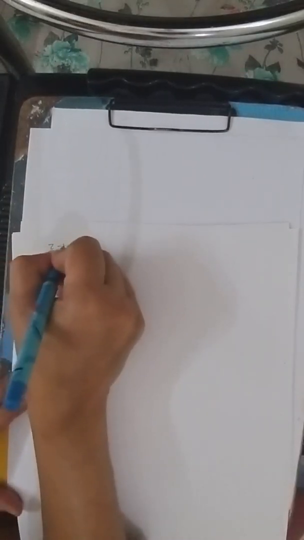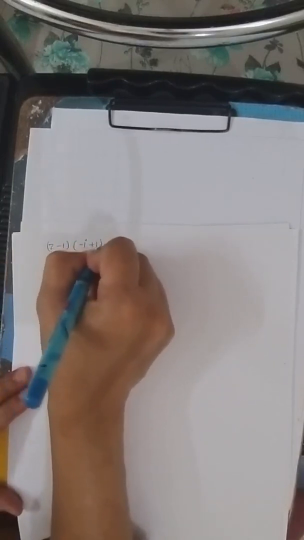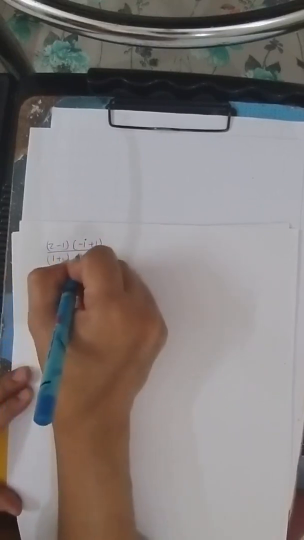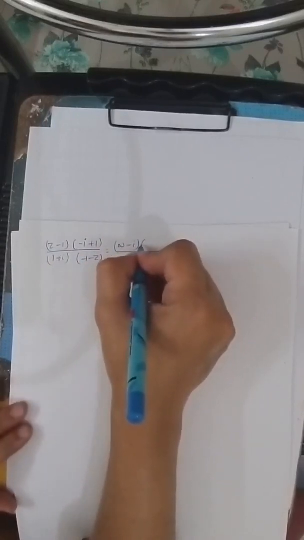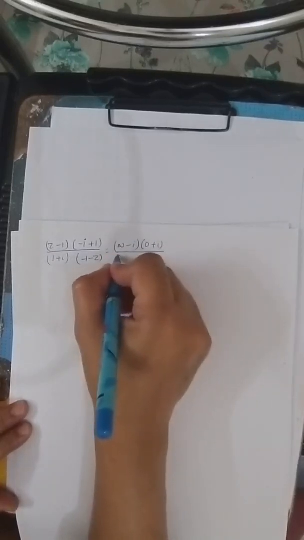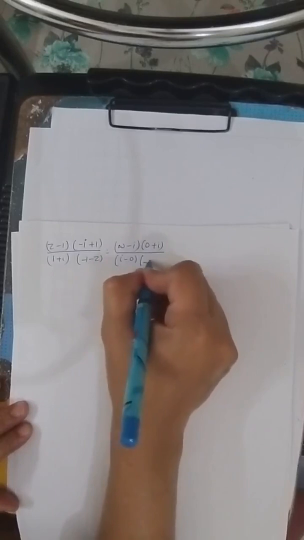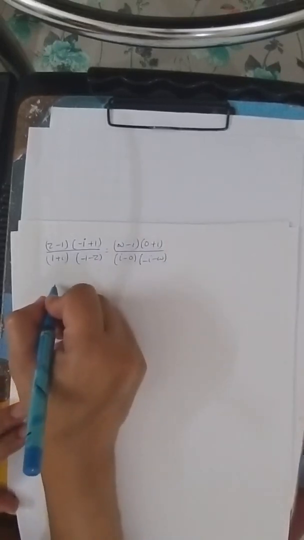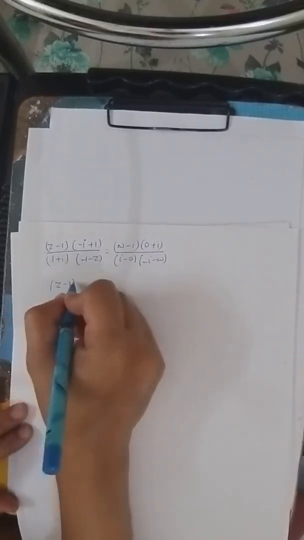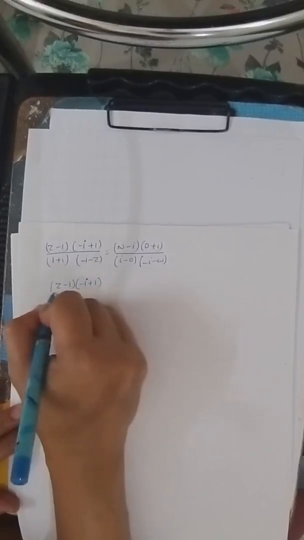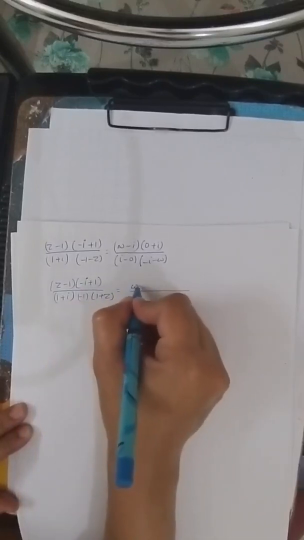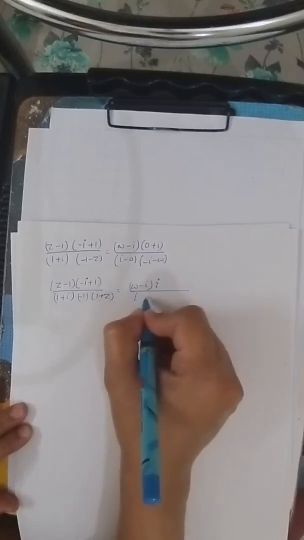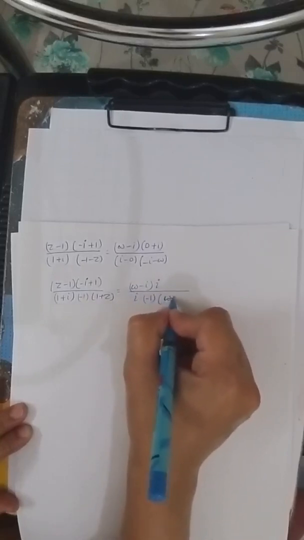Now I write it again: z minus 1 into minus iota plus 1 divided by 1 plus iota into minus 1 minus z equal to w minus iota divided by 0 plus iota, into 0 plus iota divided by iota minus 0 into minus iota minus w, that is z minus 1 into minus iota plus 1 over 1 plus iota, negative sign common, 1 plus z, equal to w minus iota into iota over iota, negative sign common, w plus iota.